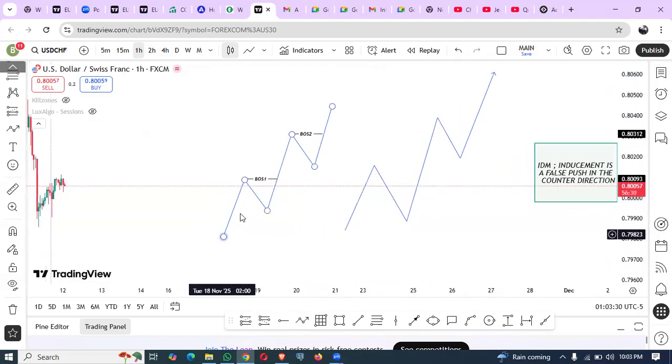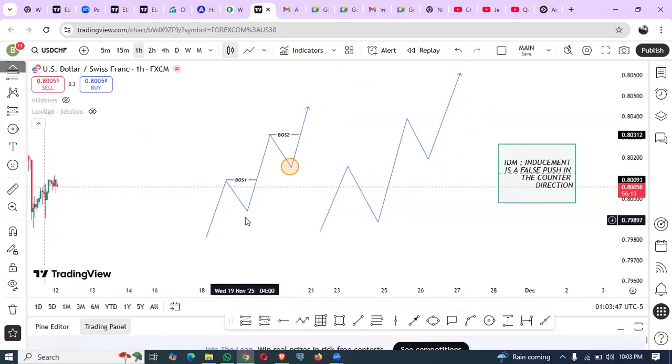So now let's see, one, correction, impulse, your first break of structure, correction, impulse. The origin of your second impulsive push is your inducement. That's just it. You need your impulsive push, correction, impulse.